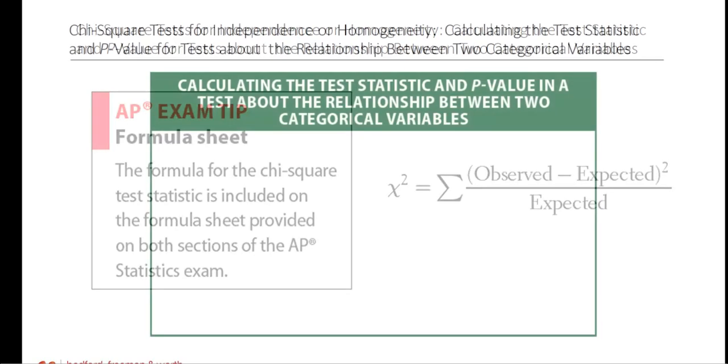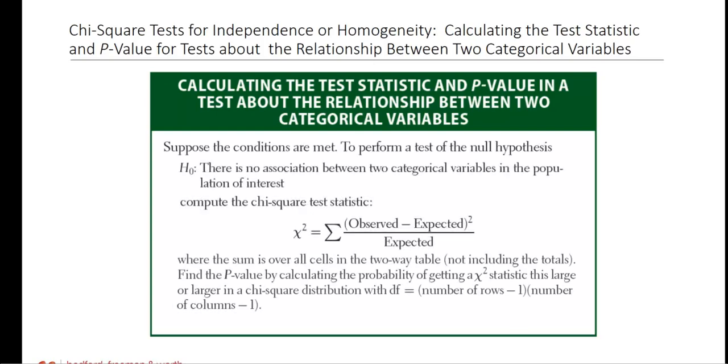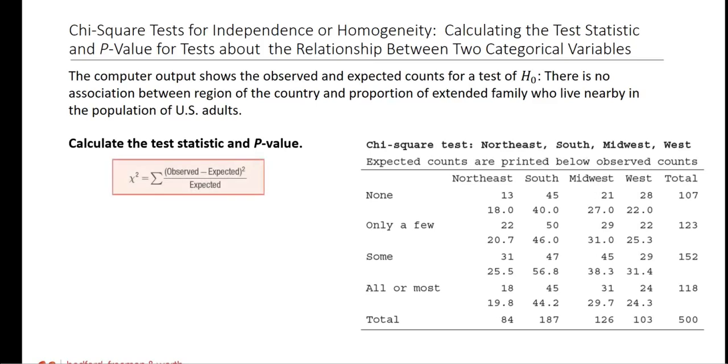So we could show the first few there. It's really nice to show the first two, maybe the last one, because we have all the observed and all the expected there. So 13 minus, I think we had 17.98, but they just rounded it to 18 there. That's why those numbers are slightly different than the ones we had in our calculator.